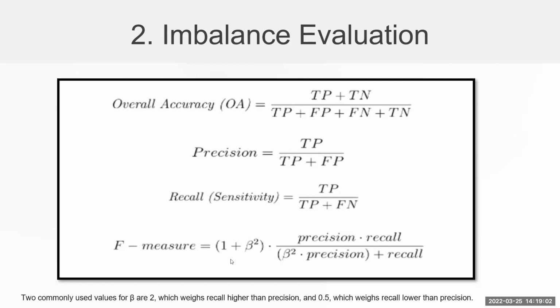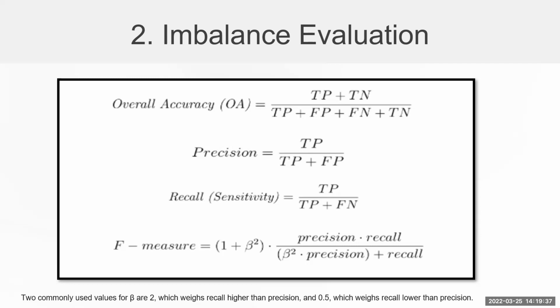The beta here is what we use to give more emphasis to either precision or recall. Normally beta is 1, which means that precision and recall have the same weight.